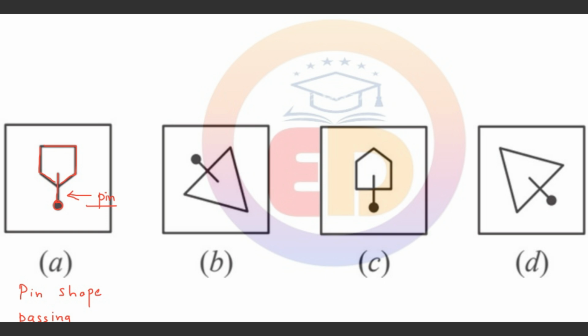If you look at the second figure, they have given a triangle, and in this triangle again the pin-shaped shape is passing, but it is not passing through a vertex, it is passing through the sides.